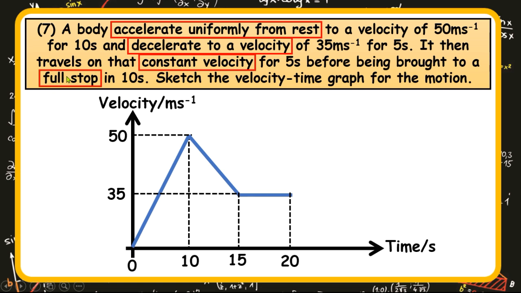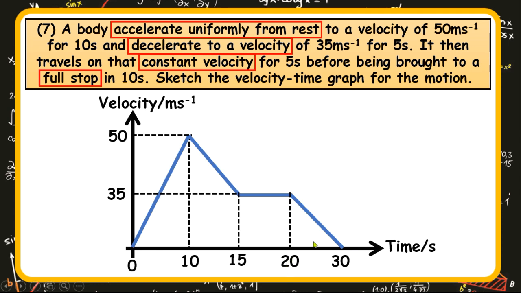Full stop means that it's now decelerating to a full stop in 10 seconds. So from this end, it translates downwards to 0. This 0 is for both time and the velocity. So it's now on 0, and that corresponds to 30 seconds since the time was 10 seconds added to the 20. So this is the graph.